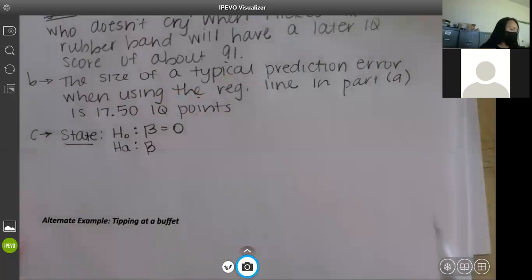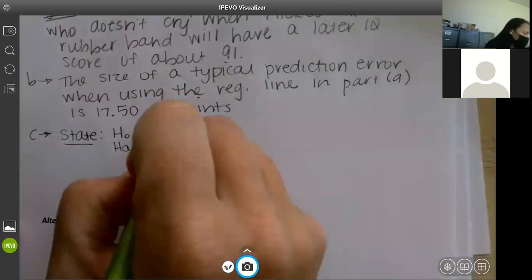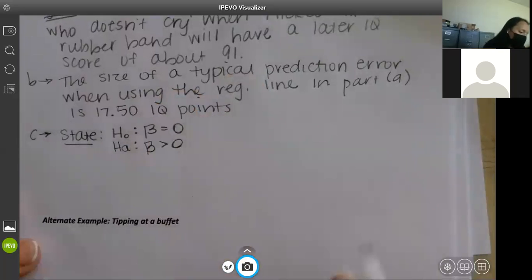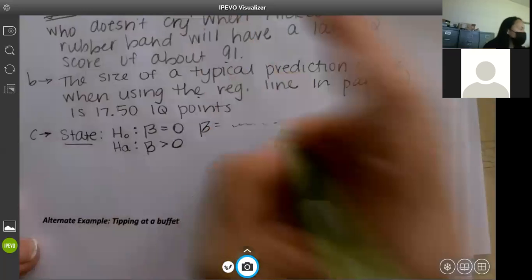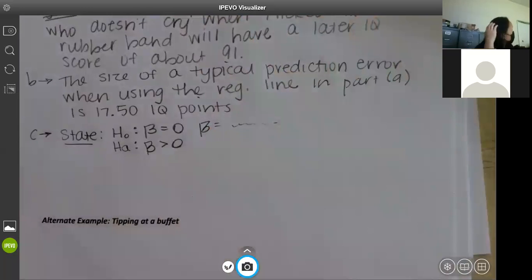So then your alternative. What did it ask us to do? What kind of linear relationship? So what kind of numbers do we have to have? Greater than 0. Very good. And then also in here, you want to define what beta is, the slope of the regression line relating cry counts to later IQ.